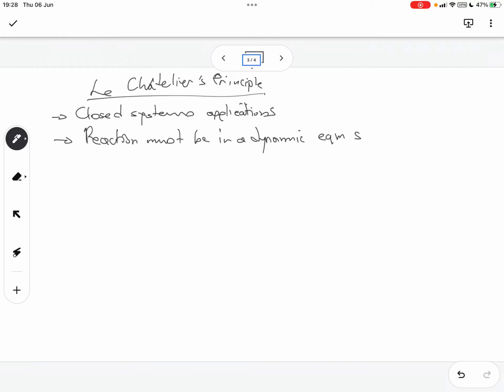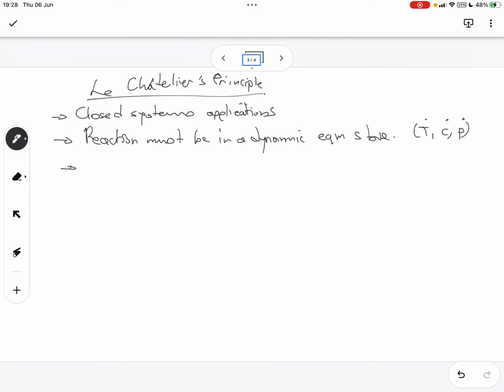So the reaction must be in a dynamic equilibrium state. And we need to keep in mind also that temperature, concentration, and pressure do affect the balance of the equilibrium position.